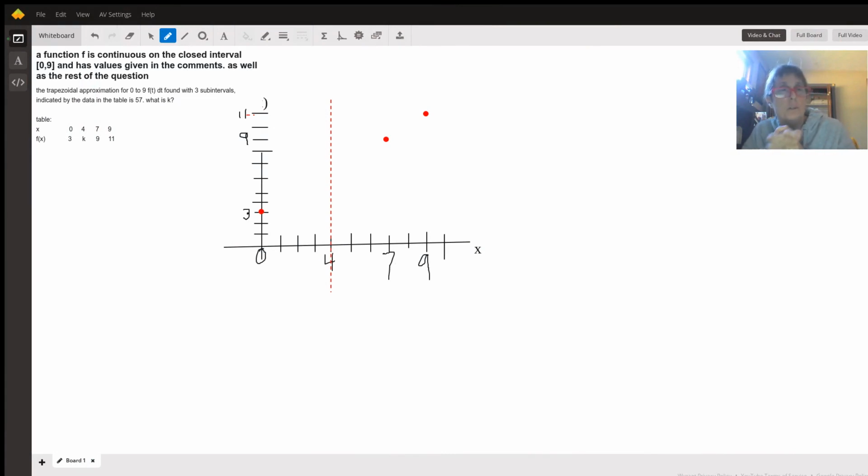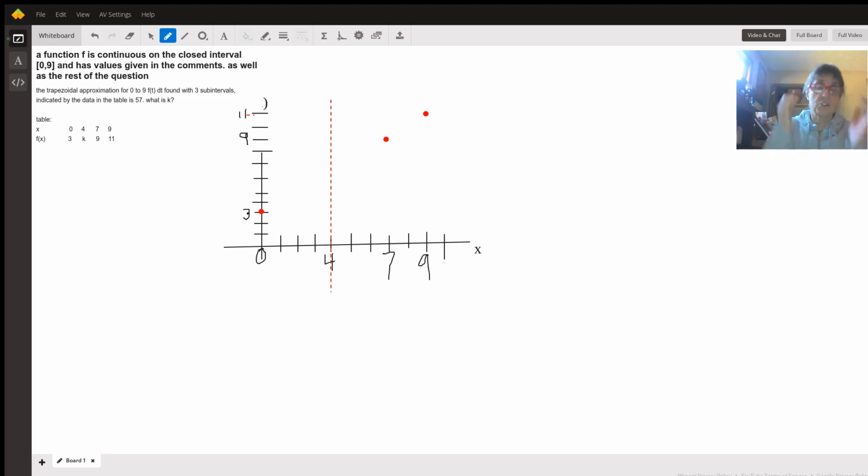We're going to work on finding K using a trapezoidal approximation for which we've already been given the approximation, and we have to figure out the value for K, which is one of the coordinates of a point that has x equals 4 and y equals k.